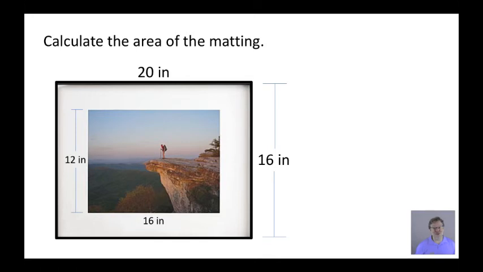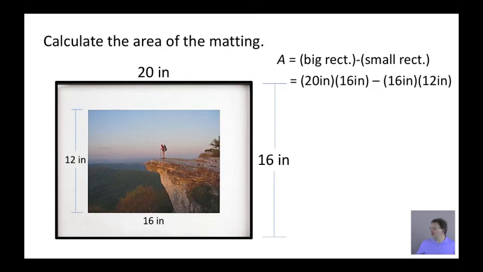The easier way to do it is to take the large rectangle showing basically around the frame and just subtract the picture that's in the center there. We take the large rectangle and subtract the smaller rectangle. Let me show you what I mean here. So the big rectangle minus the small rectangle means that we take the area of the first rectangle, that's the 20 inches on top and the 16 inches closest to me here.